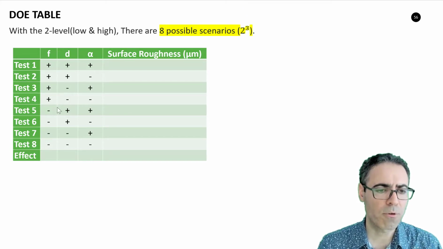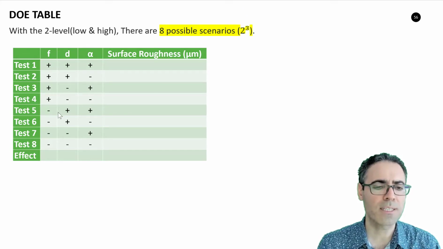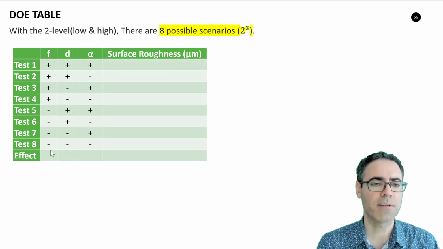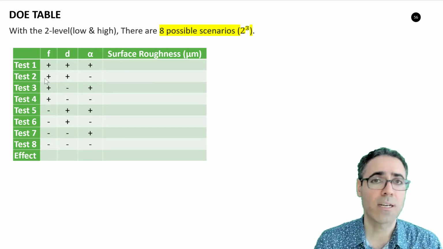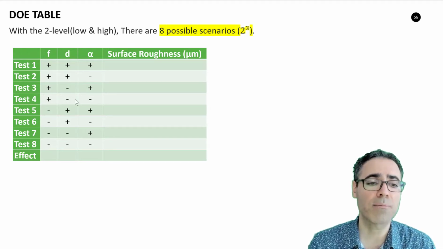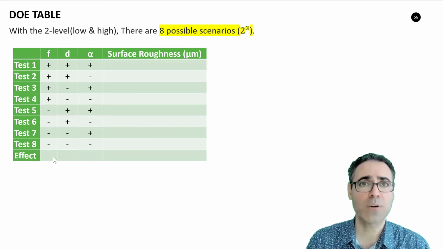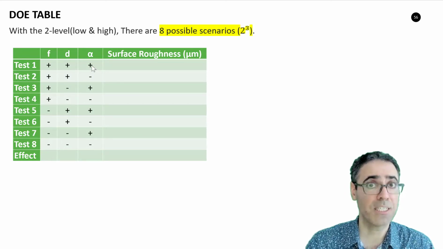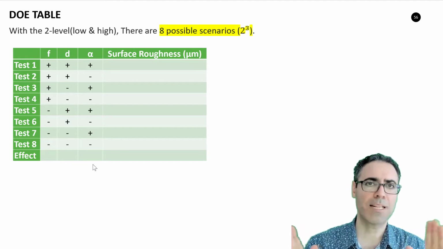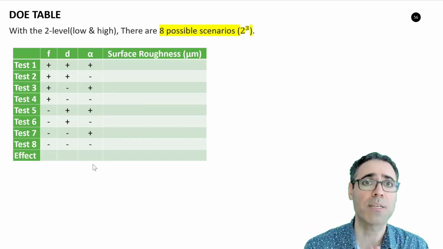So for the first 4 positive, and then the next 4 negative. Then the next parameter, I change the sign every 2 steps. So plus plus, and then minus minus, and so on. And then the last one, I change it after each step, like plus minus, and so on. Okay, and it doesn't matter which parameter is first, which parameter is second.